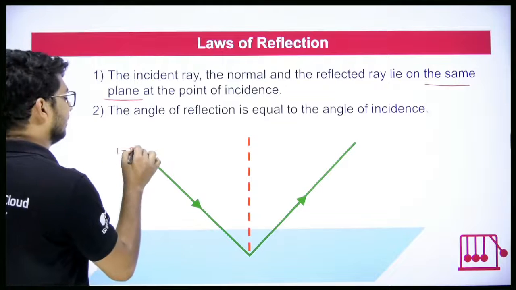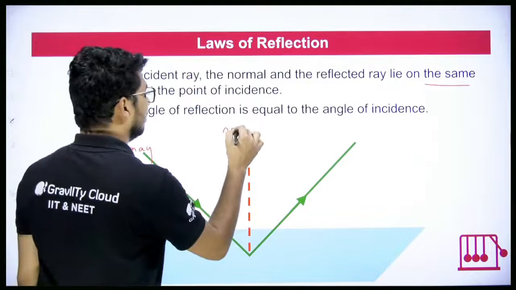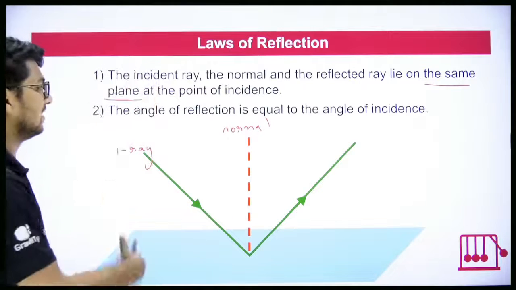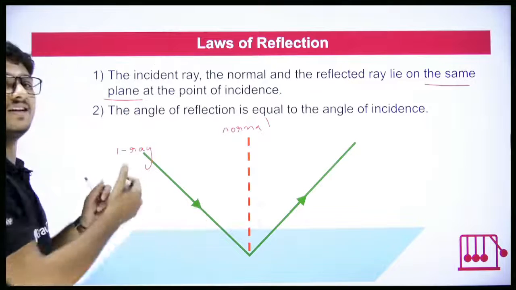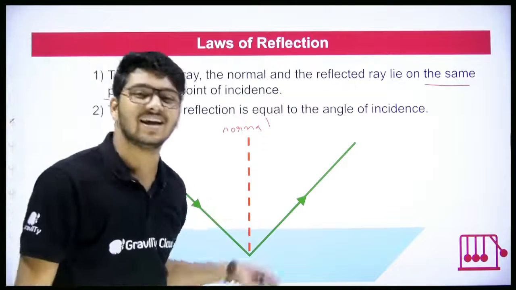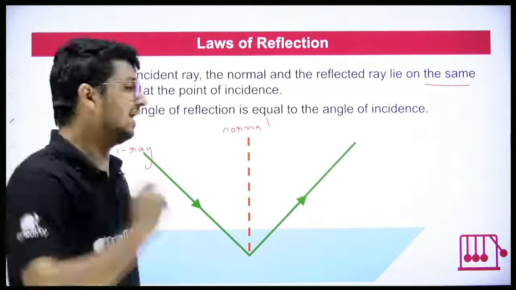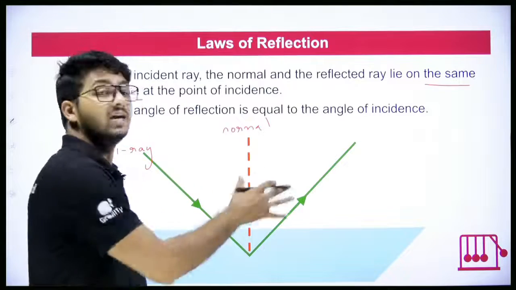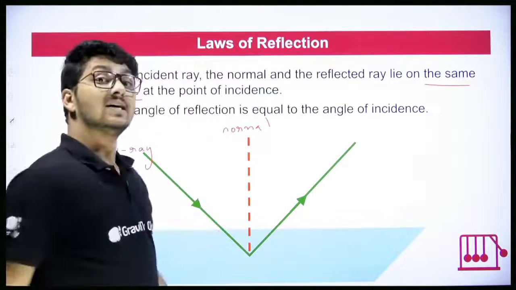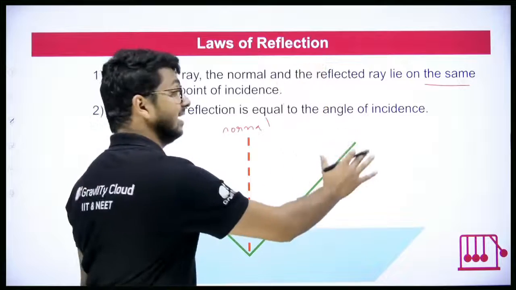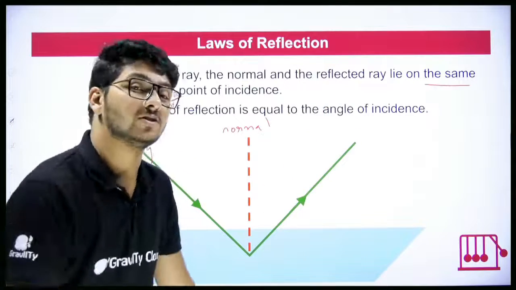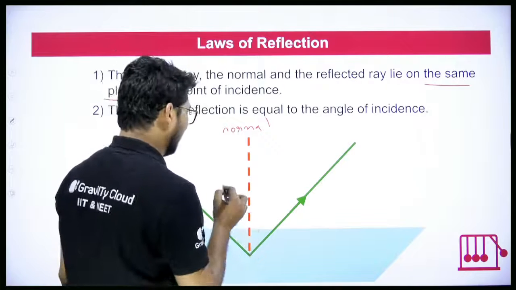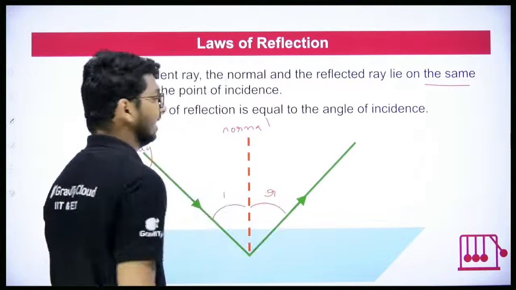This is the incident ray, this is the normal. Both of them are on the screen, so the plane is the screen. So the reflected ray should also lie on the screen itself, on the same plane. Then only one is possible, such that angle I is equal to angle R.